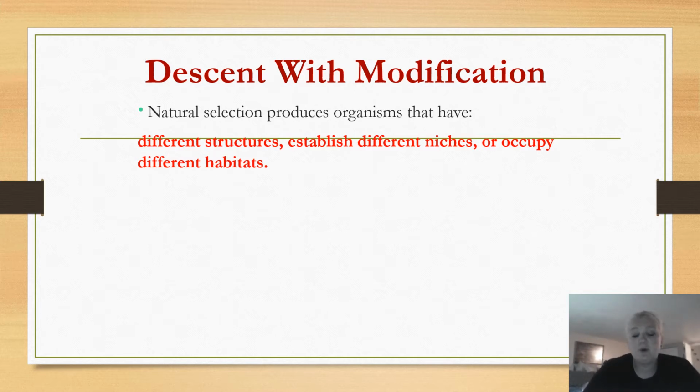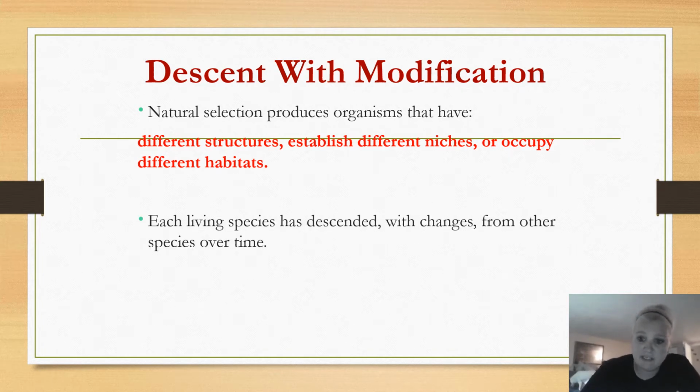And it will create organisms that live in different habitats as well, whether they are aquatic, freshwater, marine, soil, live in mountain ranges or in cold climates or tropical rainforests, anything like that. So it just creates this wide range of different species that are built differently, have different roles, and live in different places.